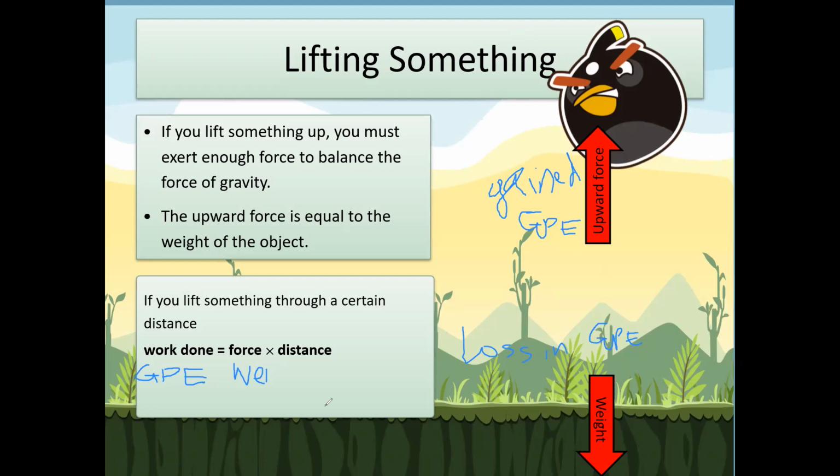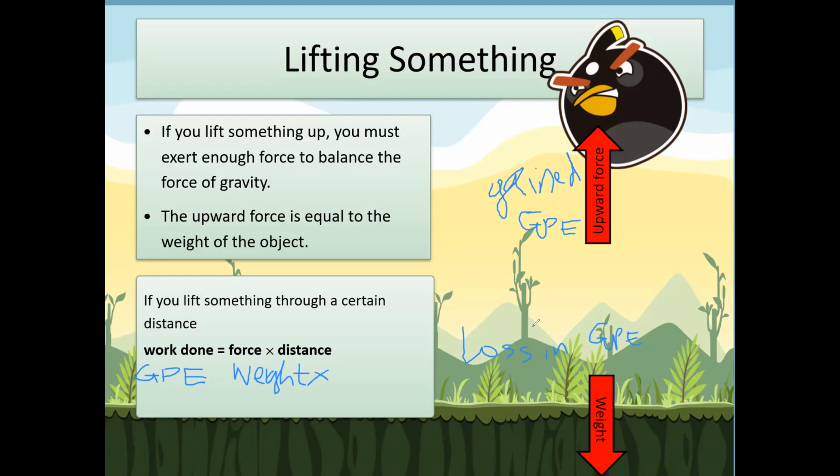Now, if work done is equal to force times distance, then we call GPE a special type of work done. But now the force is under the influence of gravity, and any force under the influence of gravity is called weight. So GPE is equal to weight times distance.